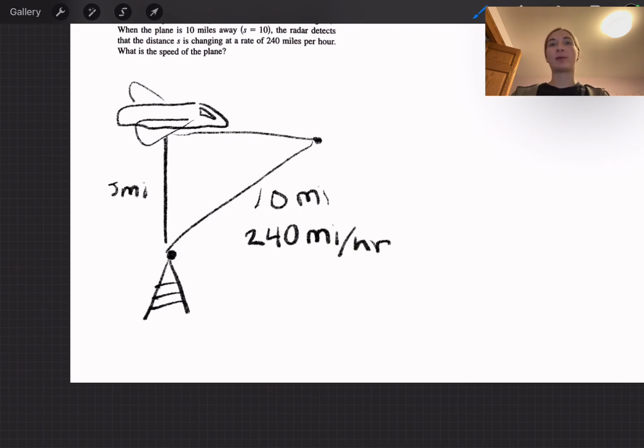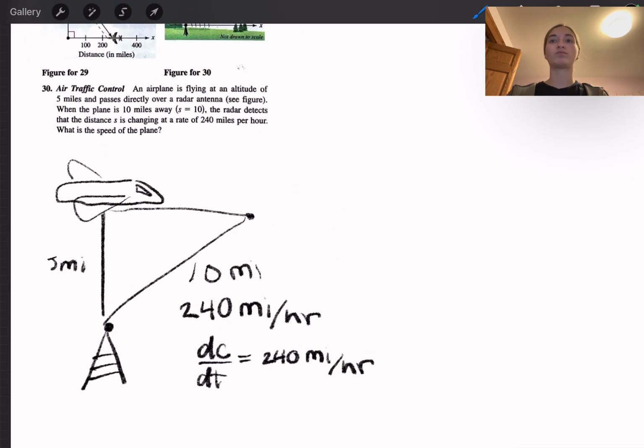And 240 miles per hour is also dc dt. This will be helpful in our equations, but this is basically the rate, or speed, that the plane is traveling at this point. We're trying to find the length of that leg of the triangle, and then once we find the length, we can determine the speed at that point.